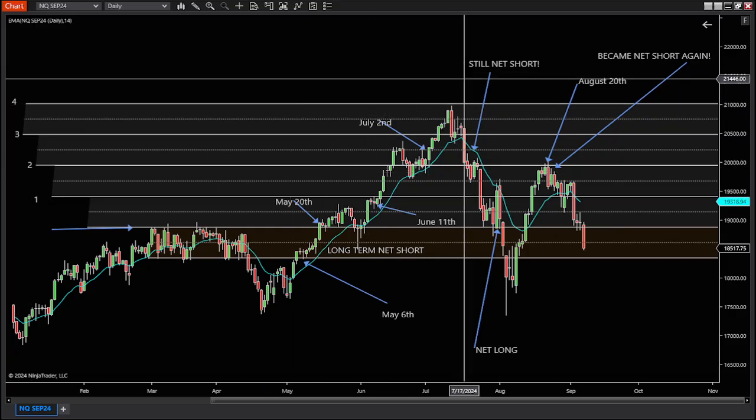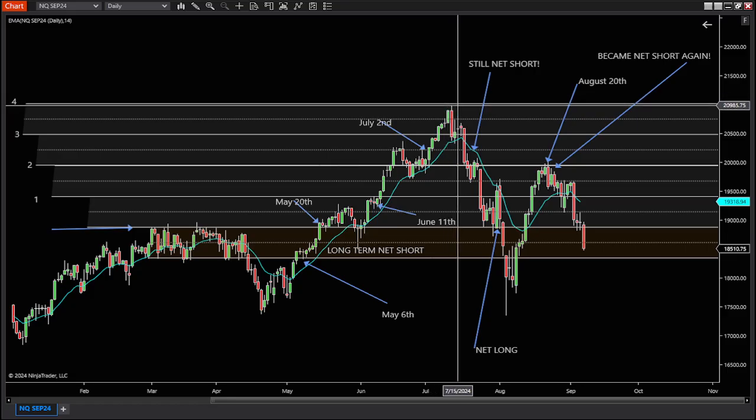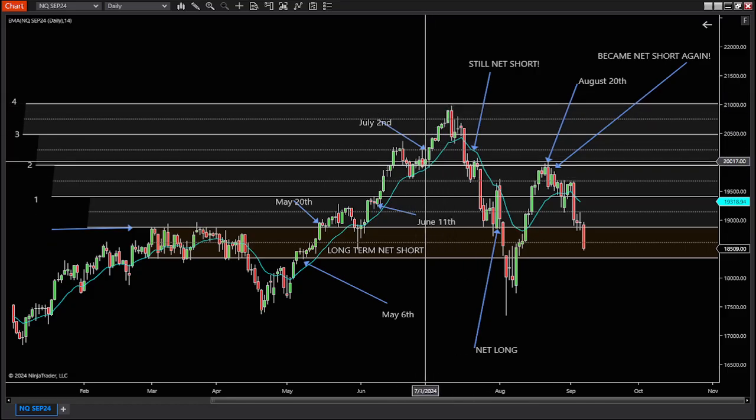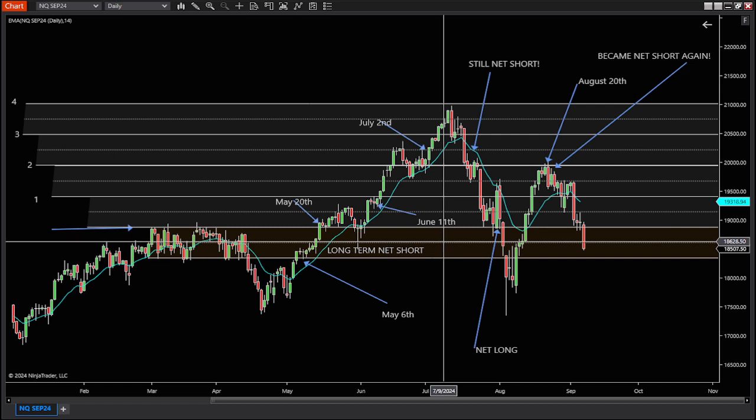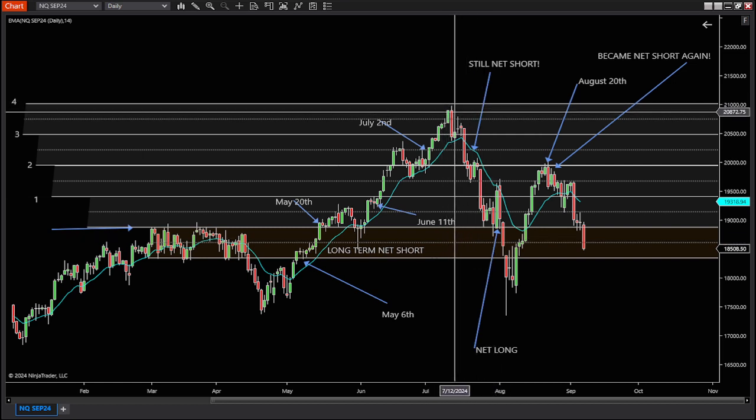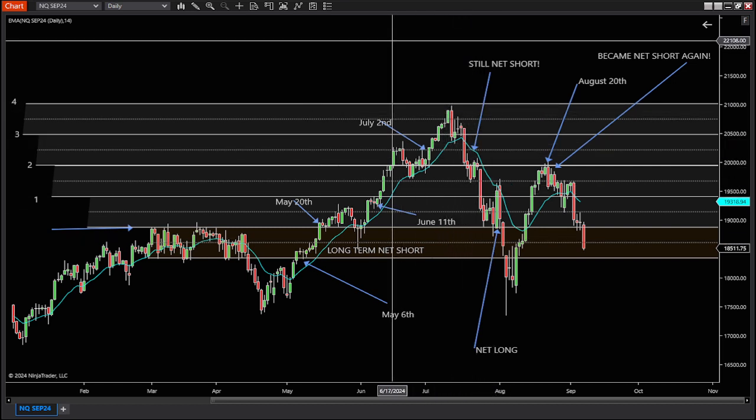If you have a true cost basis, 2 and 4 tend to be the most powerful. If it reaches 2 and it retraces down, perfect. You want to see the report correlate. If it reaches 4 and it starts moving down, you want to see the report correlate. These markets are a little more volatile, so you're going to see some bigger moves. It's going to take a little longer for the long-term participants, those non-commercial traders, those hedge funds, those big-pocket speculators, to get rid of their positions appropriately.